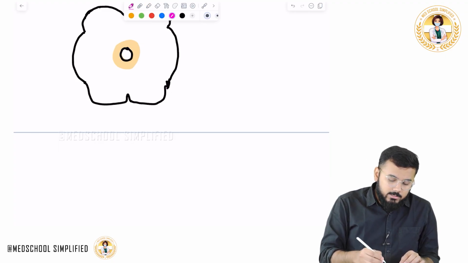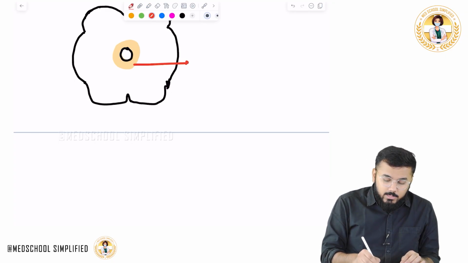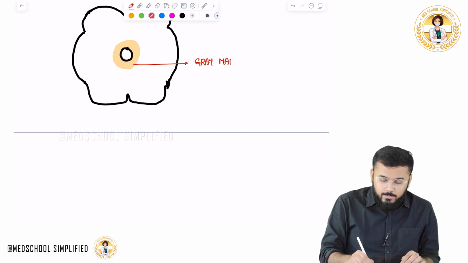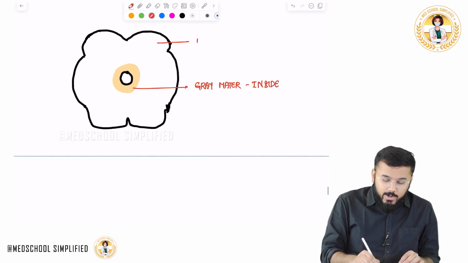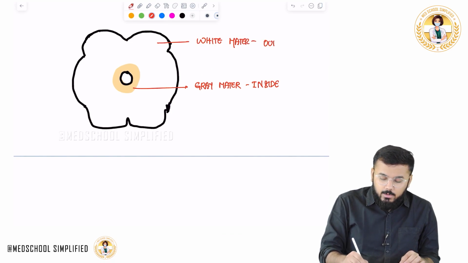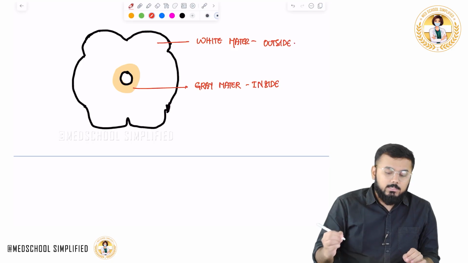So let me write it here itself, that this is the gray matter that is located inside, and this is the white matter that is located outside. So gray matter is inside, white matter is outside.